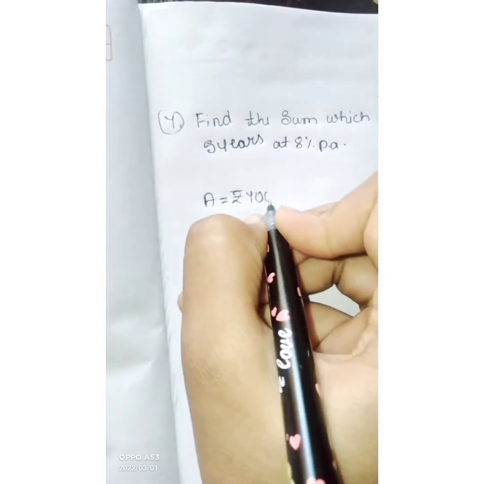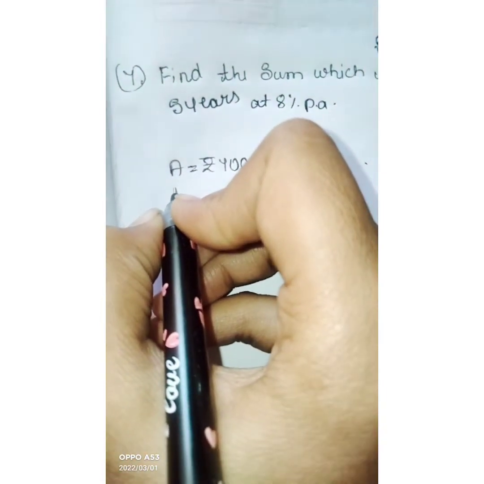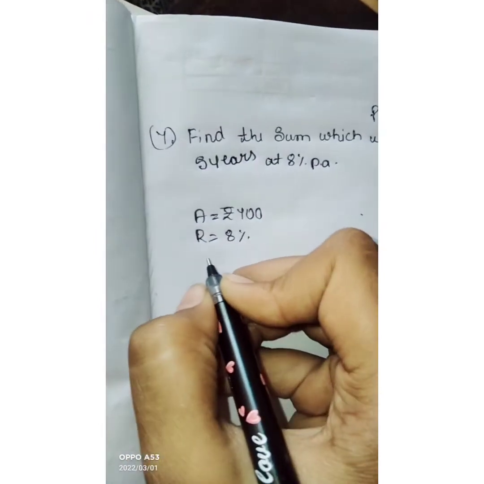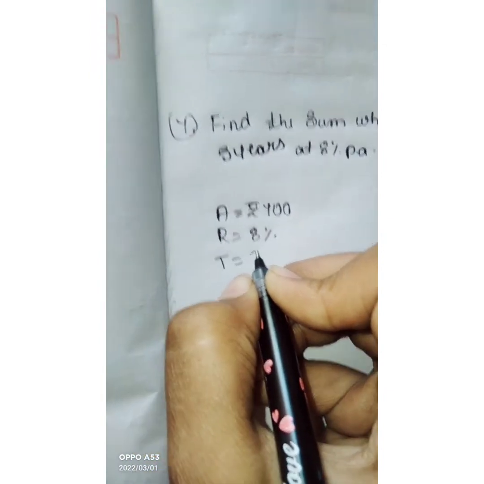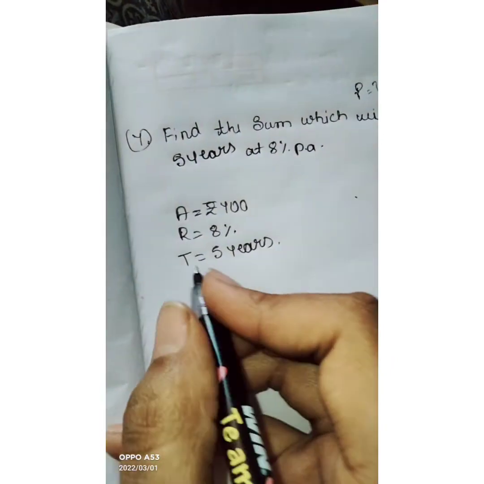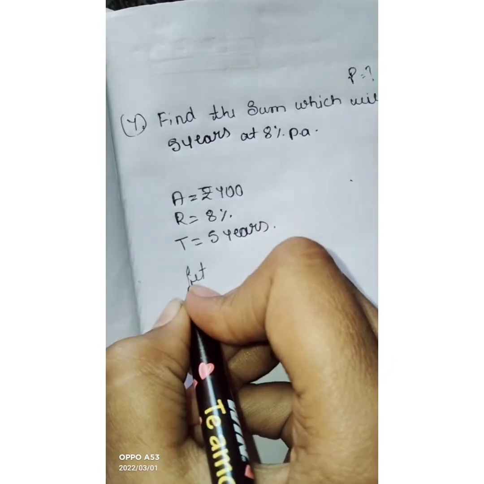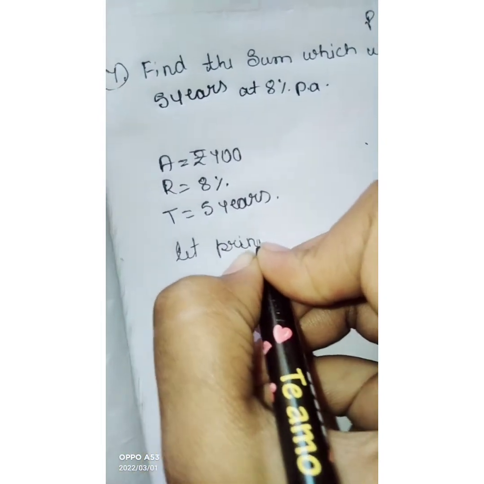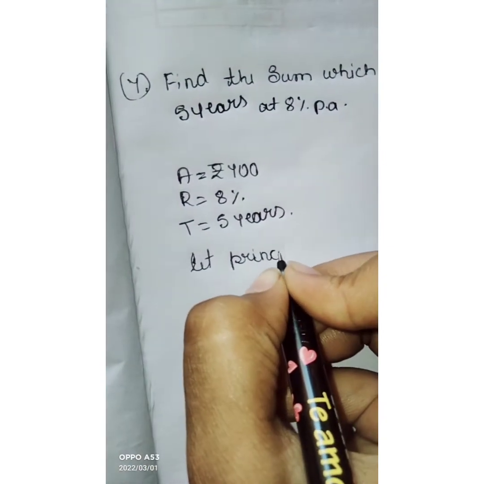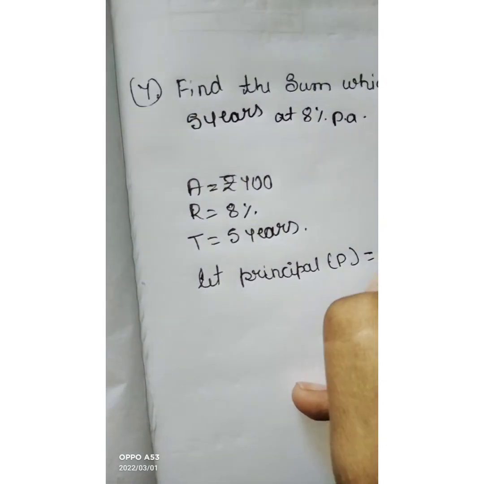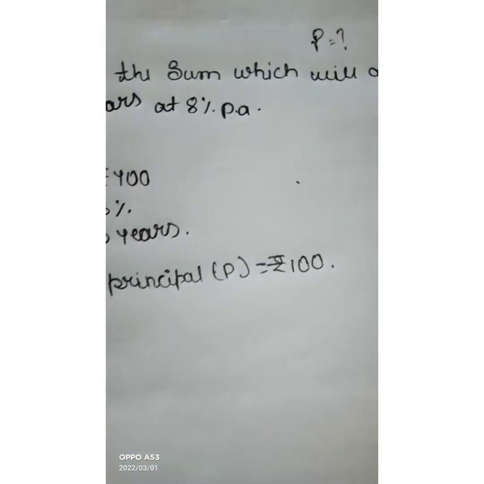Rupees 700 amount, and the rate is equal to 8%, and the time is equal to 5 years. So this question is different. So here let the principal be rupees 100, which we will write here. That is called the principal in this question.